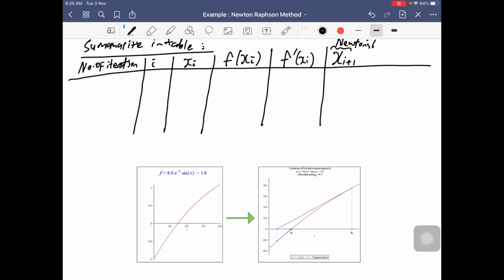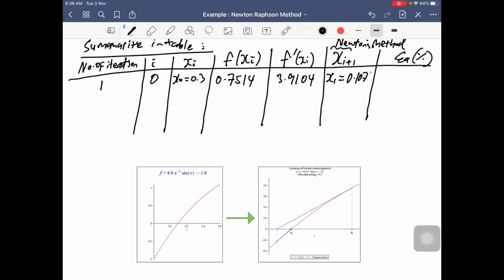Okay, this is your Newton's method formula. And then you calculate your approximate percent error in percentage. For the first iteration, i equals 0. So here is x0, remember 0.3, and then I substitute all the values that we already calculated into this table. Okay, so this is your first root estimation by using Newton's method.